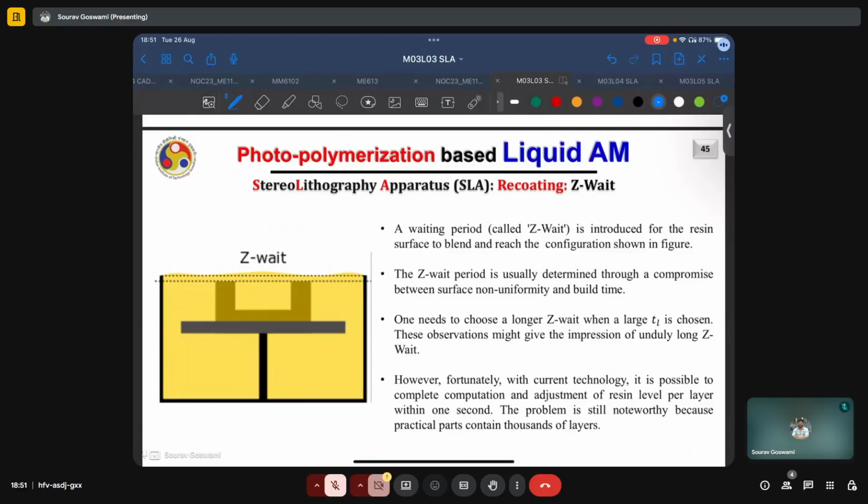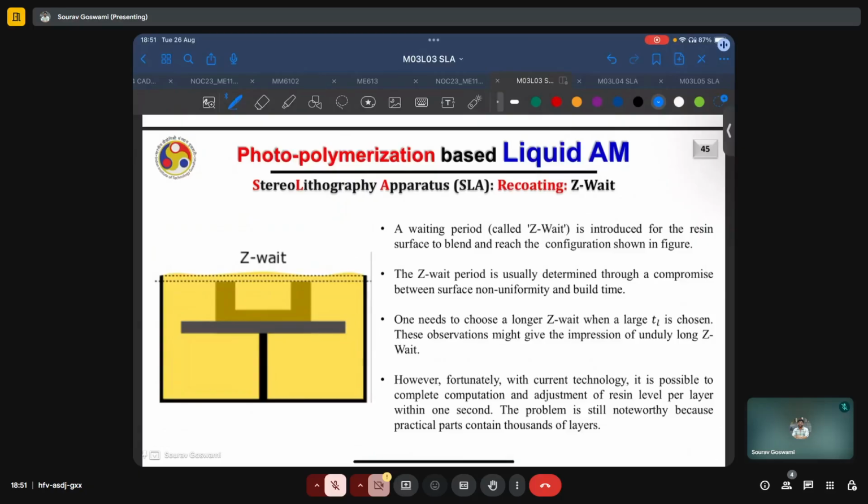The Z wait period is usually determined through a compromise between surface non-uniformity and the build time. That is, if you have the allowance of a large build time and you can spare enough time, we can really wait for a long time for these surface perturbations to settle, which will give us very good surface finish.